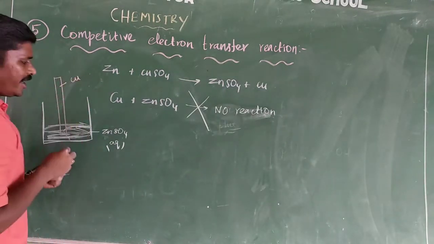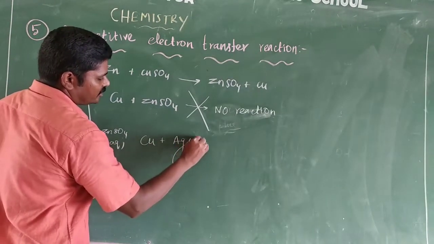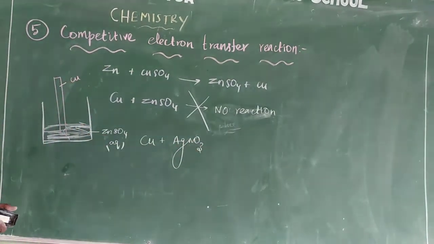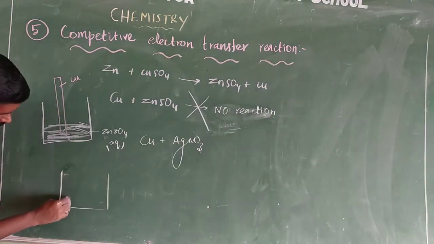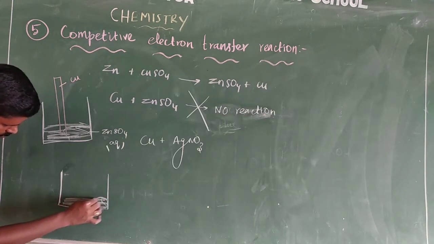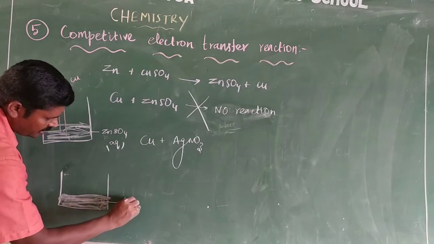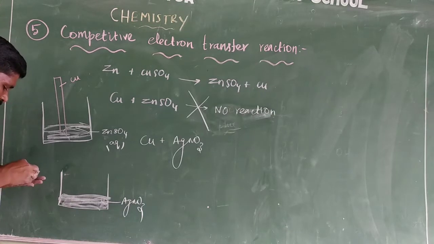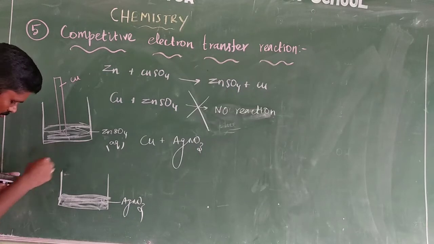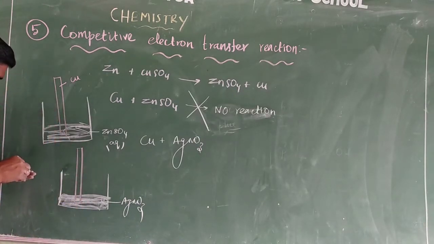In the other way, copper is placed in silver nitrate solution. In a beaker containing silver nitrate solution, AgNO3, place a copper metal strip in this solution.